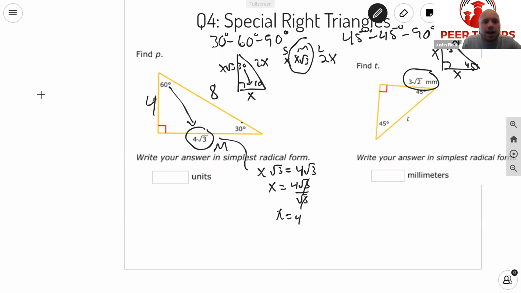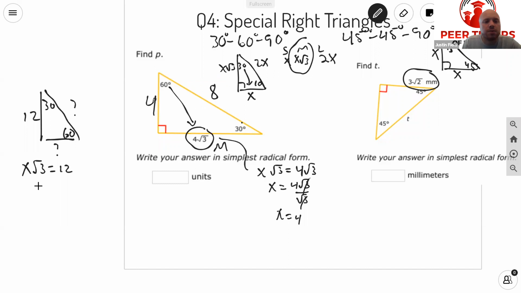All right, now there are some more difficult ones, so I just want to show you that. Let's say that the medium side was 10. Or maybe let's make the medium side 12. Okay, so now we want to know what are these guys. Okay, so we know that x √3 equals 12.